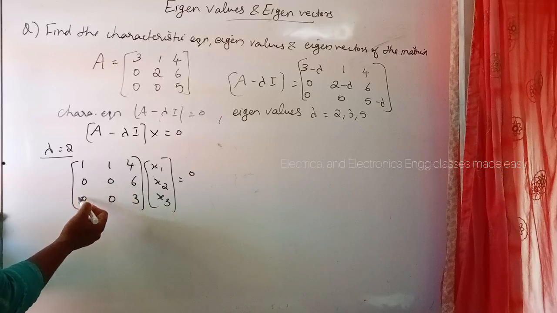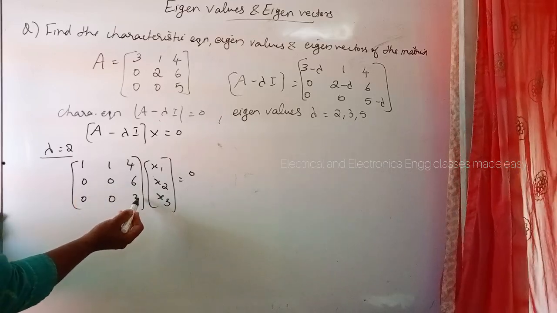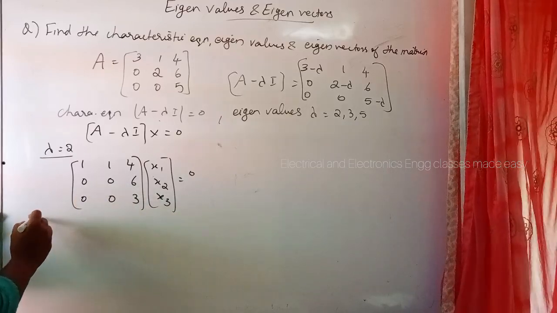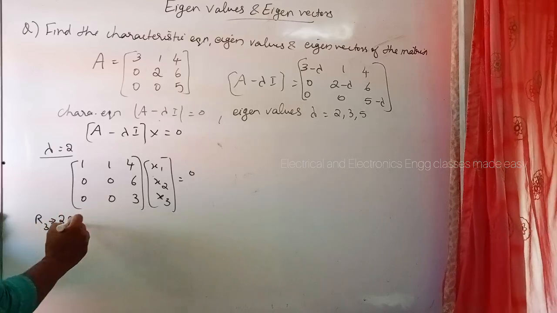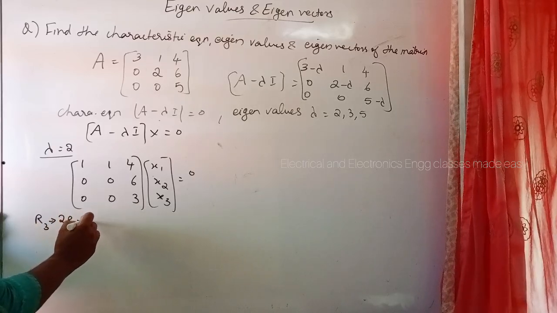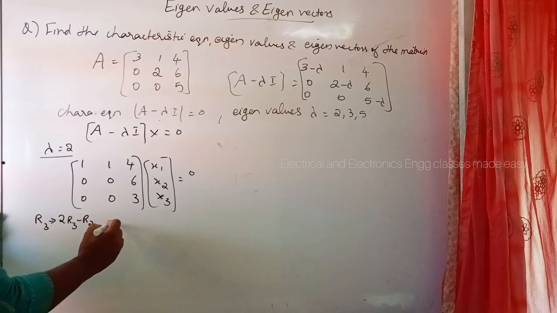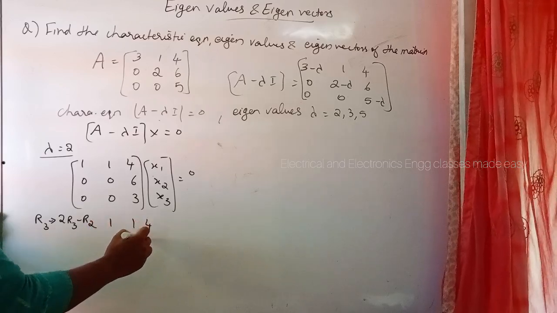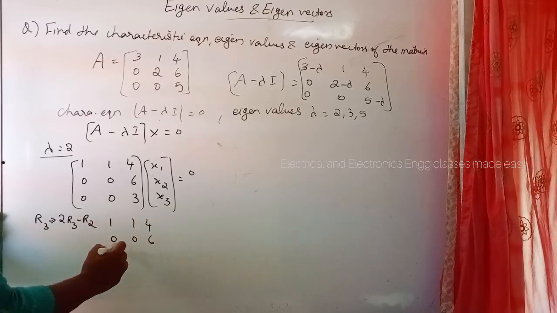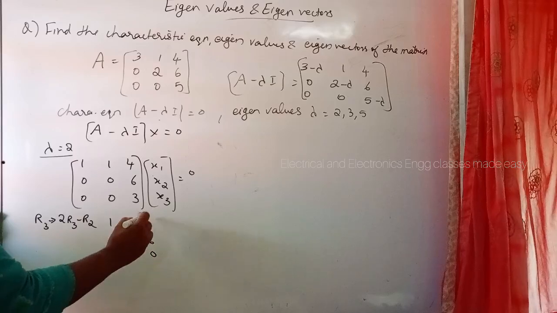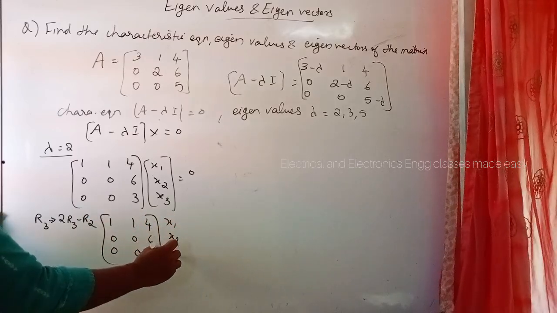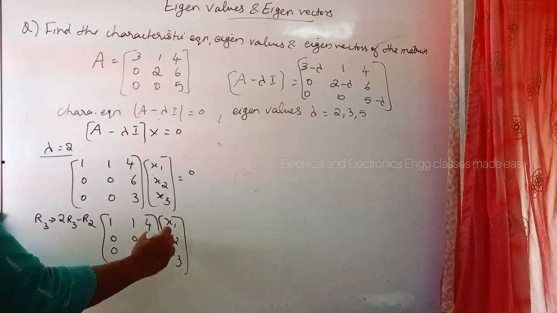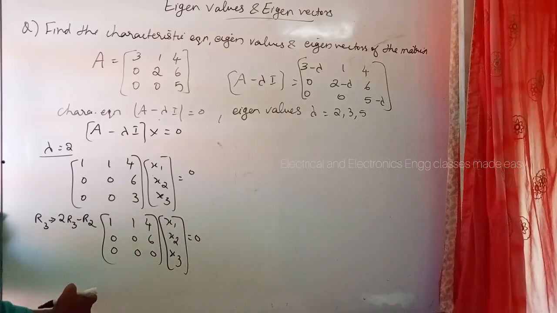Now these elements are 0. This element we can make 0, that is R3 implies 2 times R3 minus R2. So we will get 1, 1, 4, 0, 0, 6, 0, 0, 0 into x1, x2, x3 equal to 0.